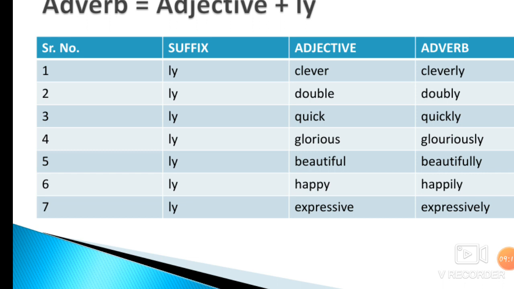Double, doubly. When it becomes doubly, E is not there. See the spelling. Quick, quickly. Glorious, gloriously. Beautiful, beautifully. Happy, happily. Where Y is not there, it becomes I. Happily.